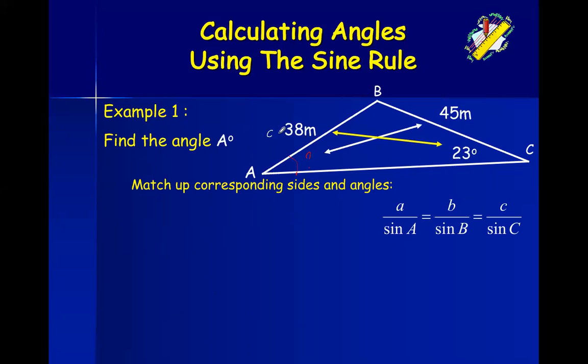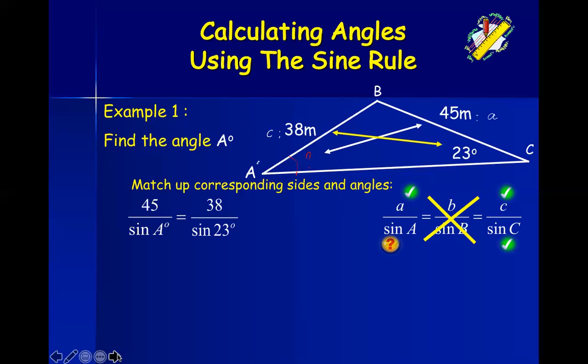So this is your side C. This is your side A. This is C, and we're looking for A. So you just write what you've got, what you're looking for, what you don't need, and just rewrite it. 45 over sine A. Where's that 45 coming from? Oh, 45 meters, yeah, sorry. Equals 38 divided by sine 23.